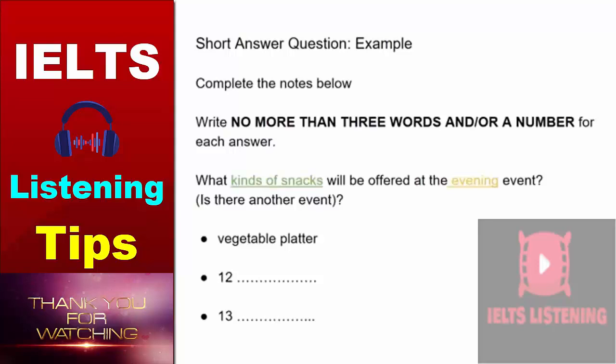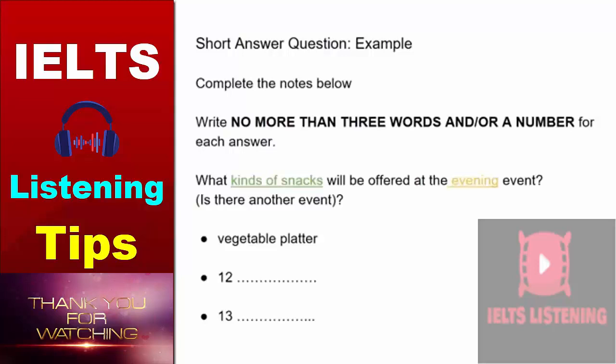Maybe there's an afternoon event in this listening passage too, or a breakfast, or something that's happening in the morning, right? We don't know yet. So that would be an interesting thing to underline, to keep in the back of your mind. Maybe there are going to be different events described by the speakers that we have to keep track of.